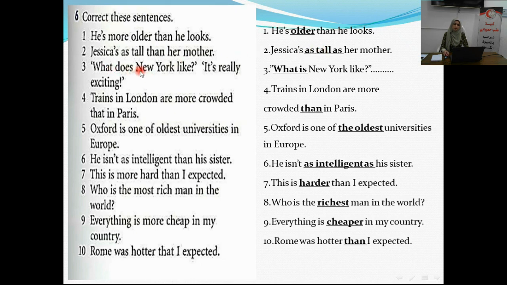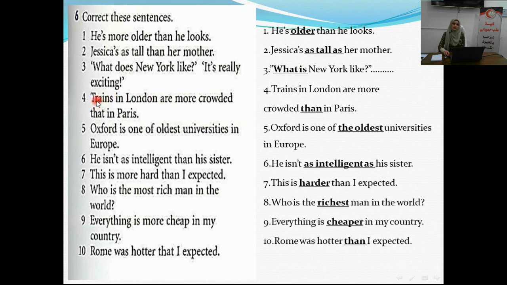Number three: what does New York like? It's really exciting. If you are asking about a description for New York, you're not going to say what does New York like, because it is not does. The sentence would be: what is New York like? Is is used when we are asking about a description.